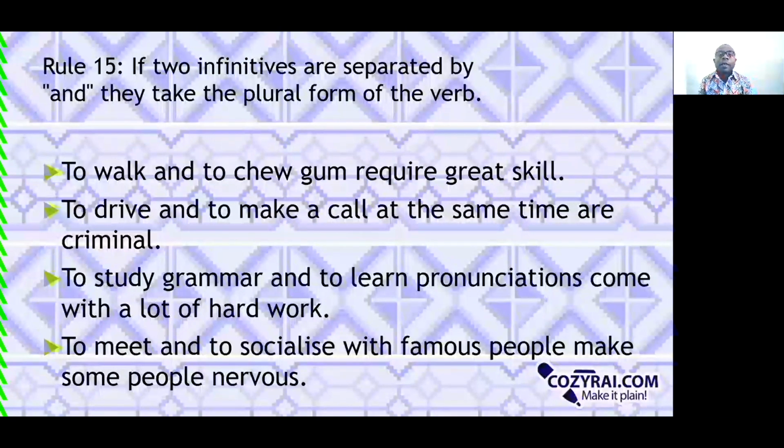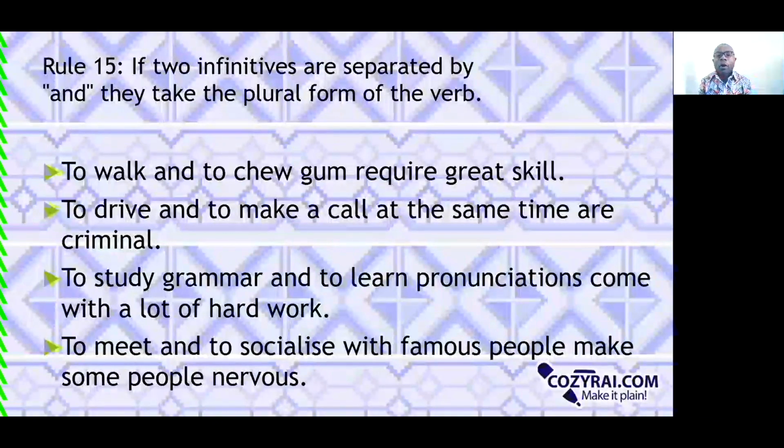Example 1: To walk and to chew gum require great skill. So "to walk" is one subject, "to chew gum" is another subject, joined with the conjunction "and," they will be plural. So "require" great skill.